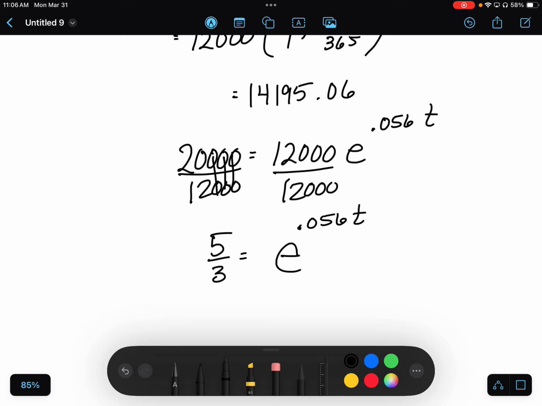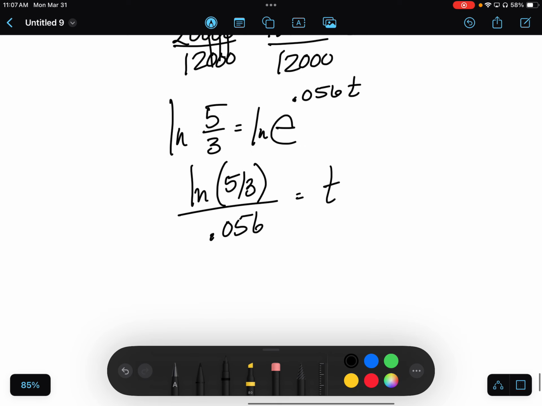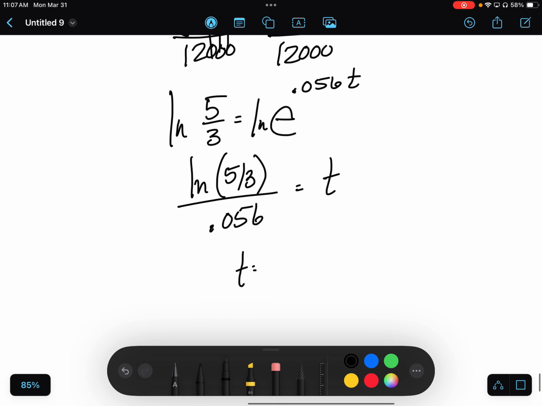How do I get rid of E? Natural log it, good. So I end up with the natural log of 5/3 divided by 0.056 equals that T. And the time I got was 9.12 years.